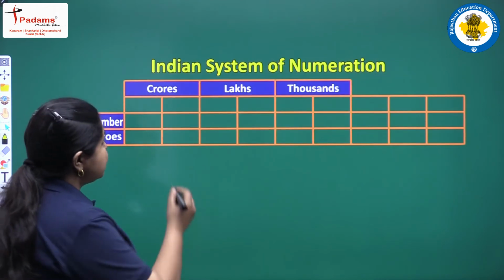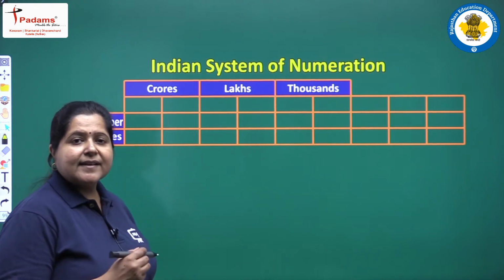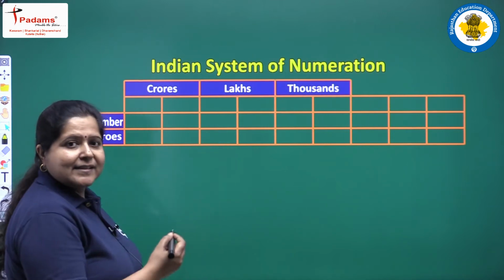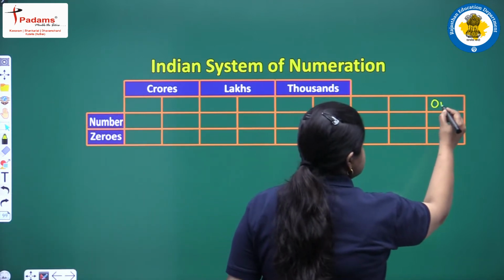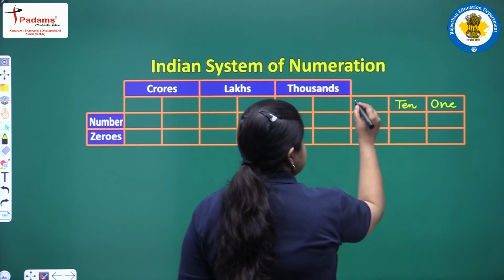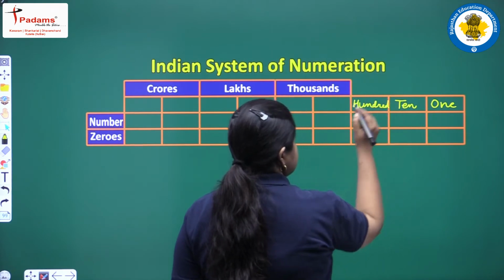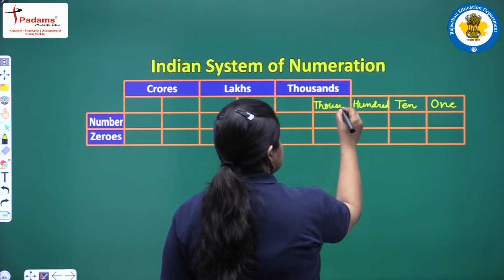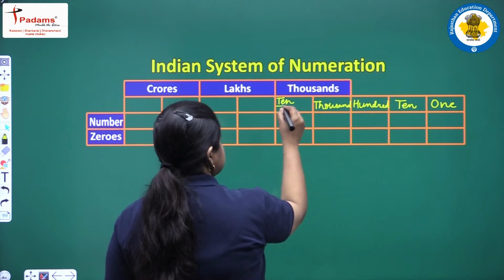First we take up the Indian system of numeration. This is the same one as we discussed in our previous class. There are crores, lakhs, thousands. Starting from the right hand corner, we have the ones place, then the tens place, then the hundreds place, then the thousand place value, then the 10,000 place value.